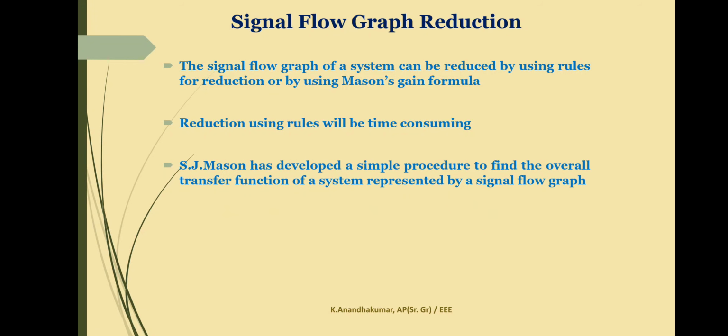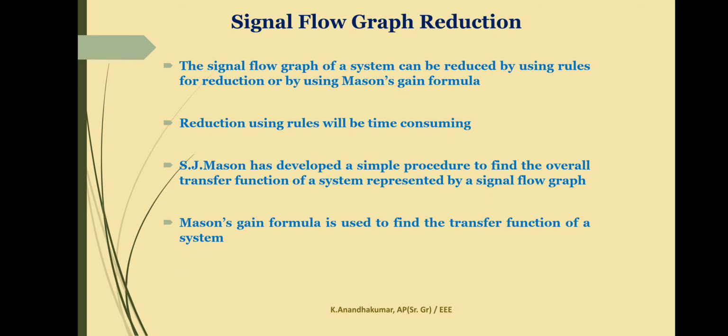S.J. Mason developed a simple procedure to find the overall transfer function of the system represented by a signal flow graph. Mason's gain formula is used to find the transfer function of a system. He proposed a procedural approach for handling signal flow graphs and finding the reduced transfer function.